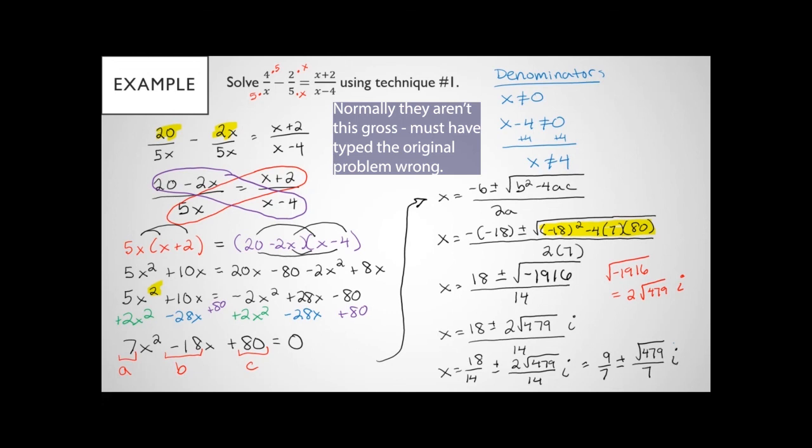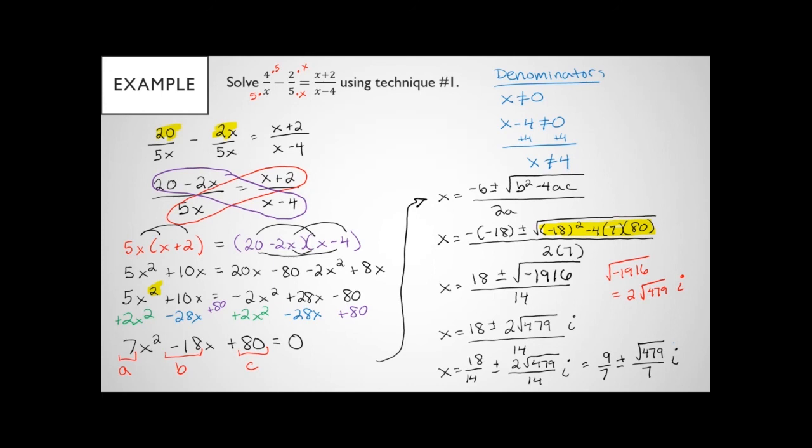And so I get 9/7 plus or minus the square root of 479 over 7 times i. So this came out pretty nasty. This is actually nastier than usual. So we get two answers here, a positive and a negative version, and these both work because clearly that's not going to make any of our denominators 0. So we do get two answers for this particular example.